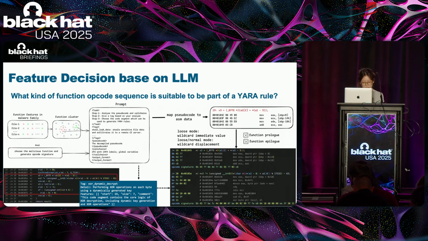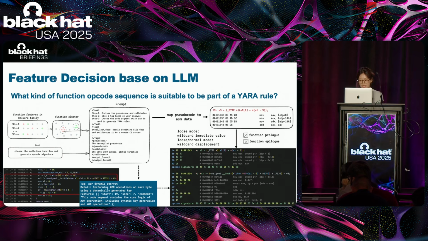The left side is an example from a backdoor malware family. This function performs a decryption operation. The model suggests lines 19 to 25 are suitable for opcode features.